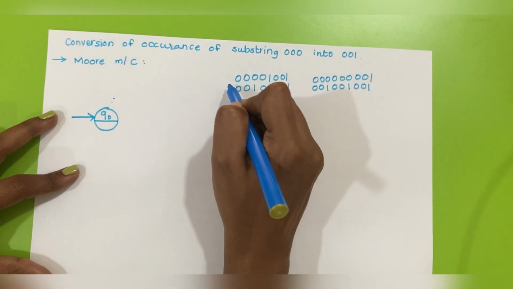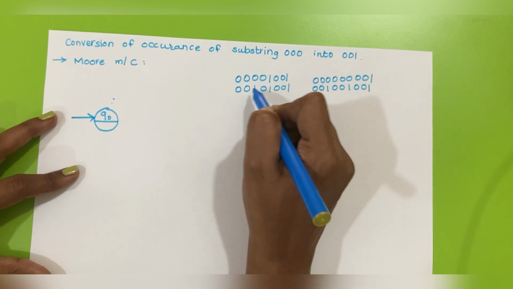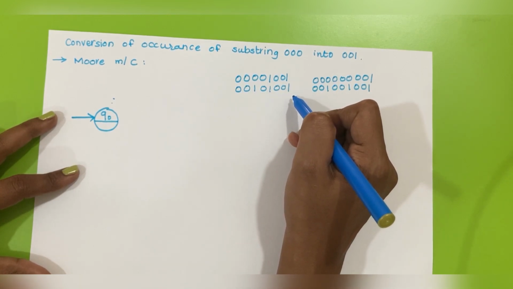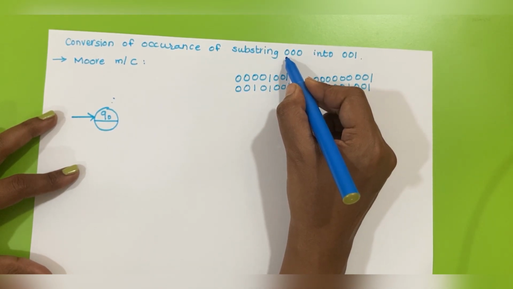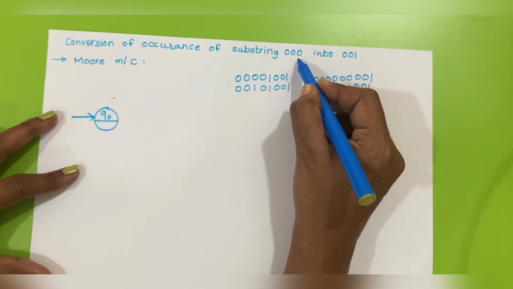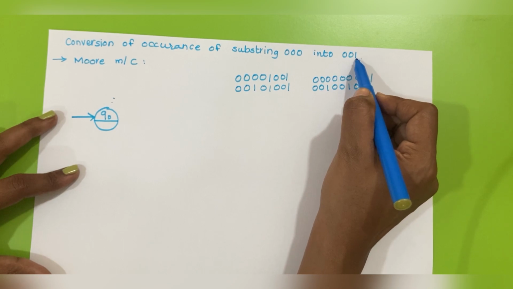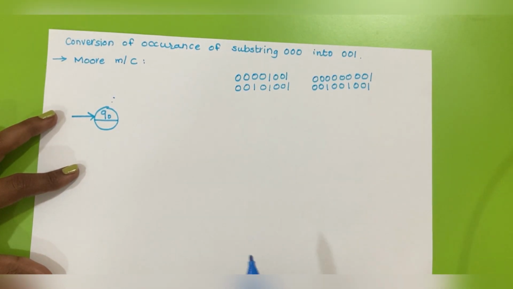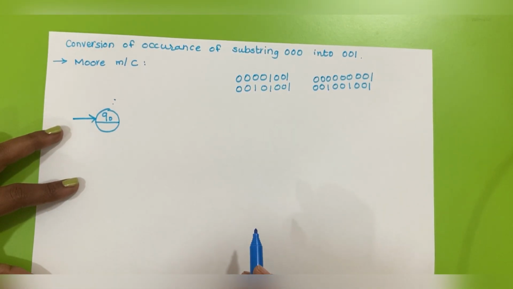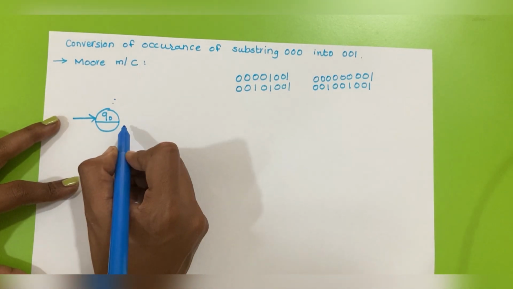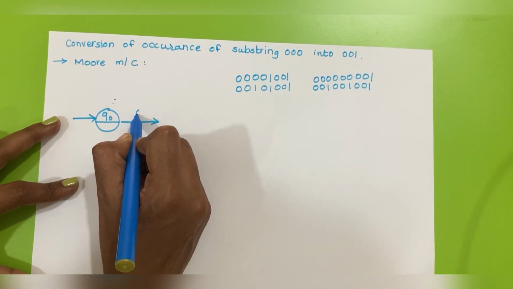So we have to convert this given input string into the output string following the condition: in 000 the last third zero will be converted into 1. So we'll start with the drawing of the Moore machine. Here we'll draw the first 0.